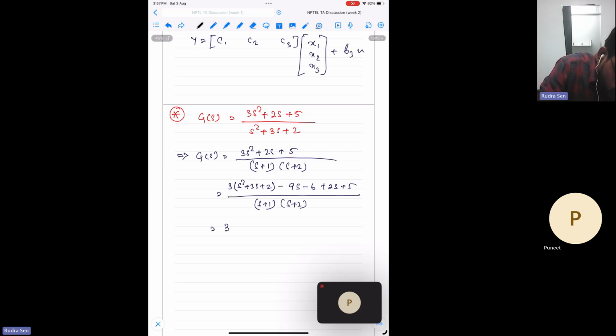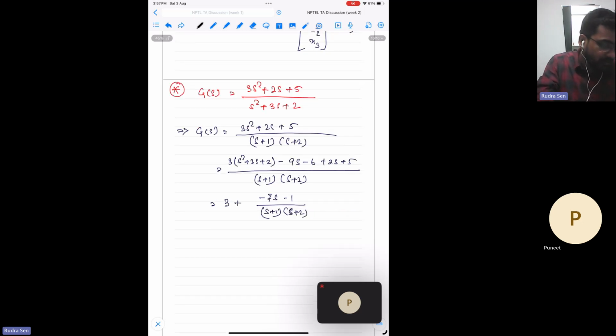What we will get? 3 plus minus 7s minus 1 divided by s plus 1, s plus 2, right?